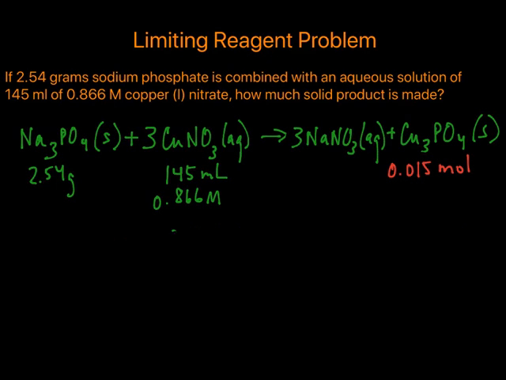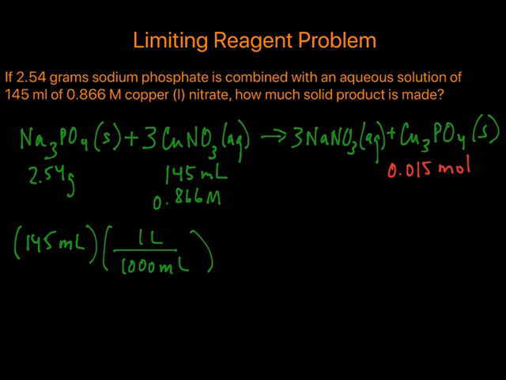So next, for comparison, we want to figure out how many moles of copper nitrate is in here. Since we know we have 145 milliliters, let's turn that into liters of copper nitrate solution.